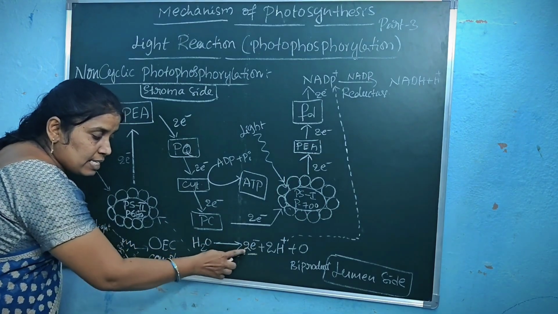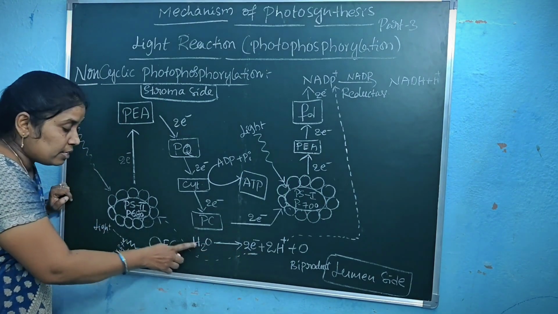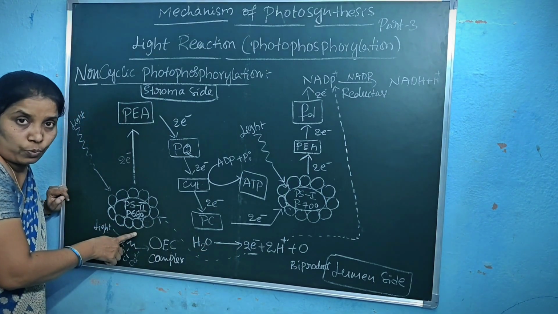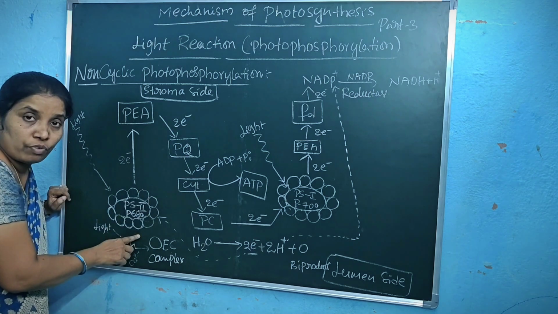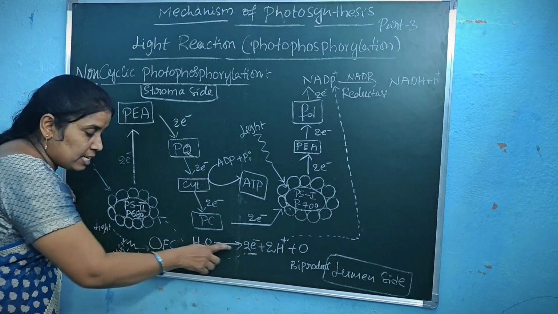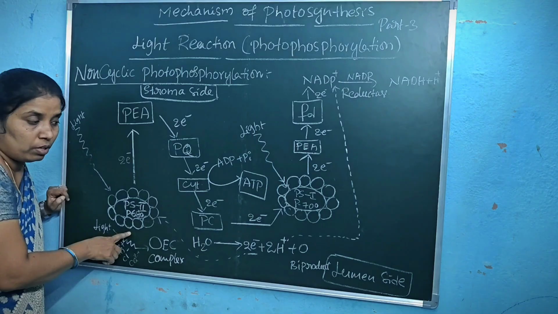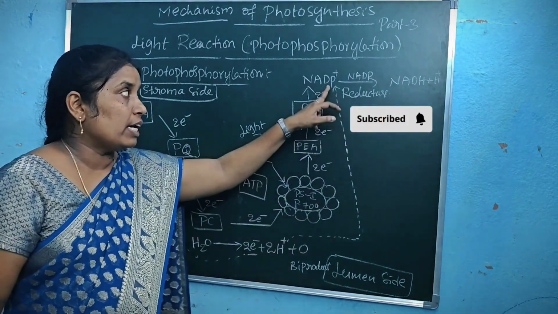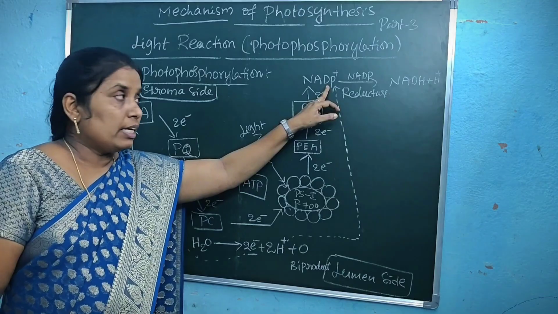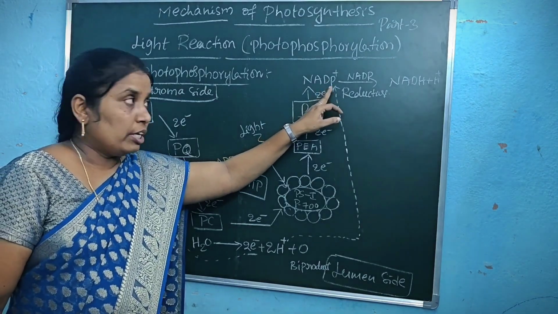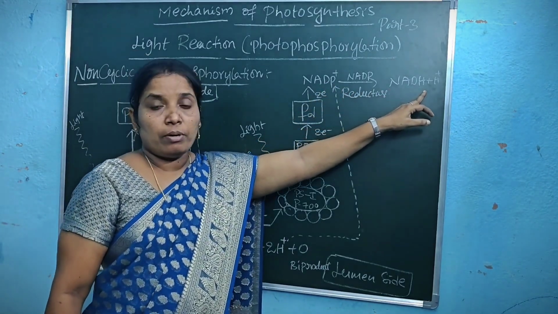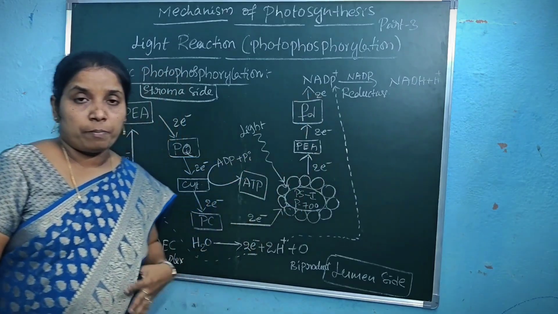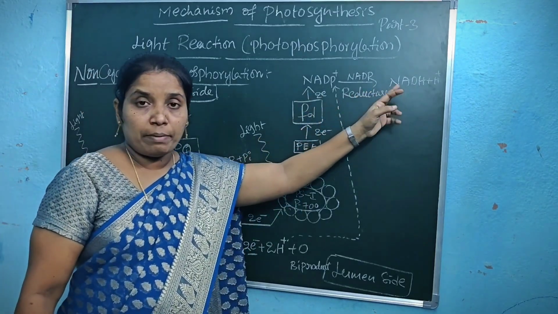The two electrons released from the water are transported to the PS2. It is again reduced with the two electrons released from the water molecule. Two protons are released. They are added to the NADP+. It gets reduced into NADPH plus H+. So that is the reducing power.